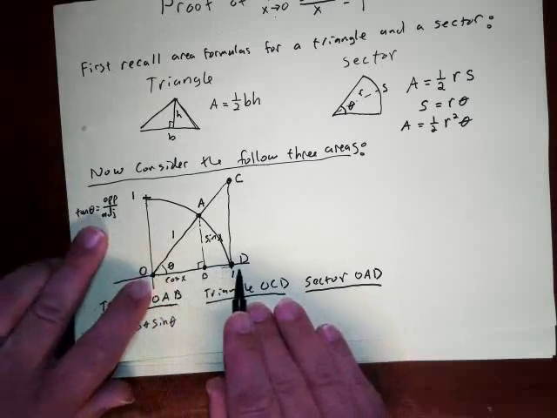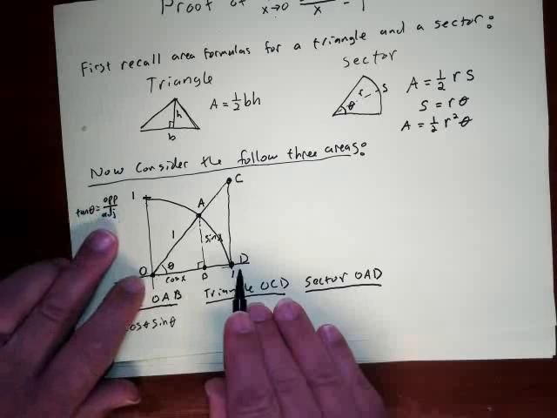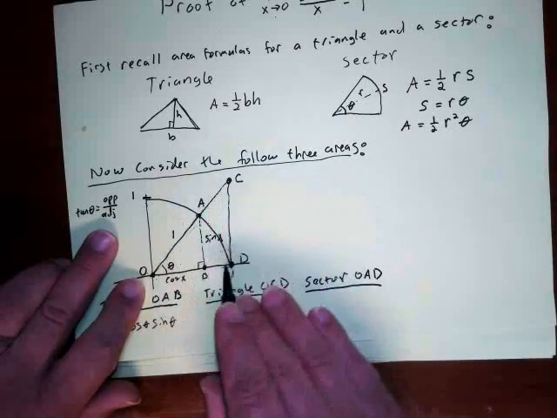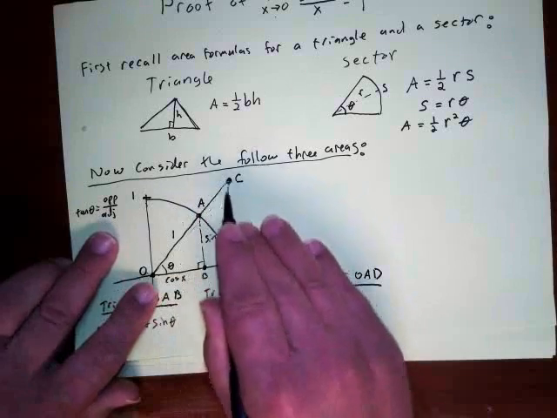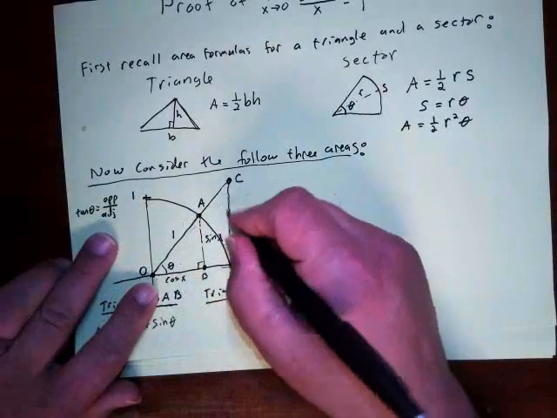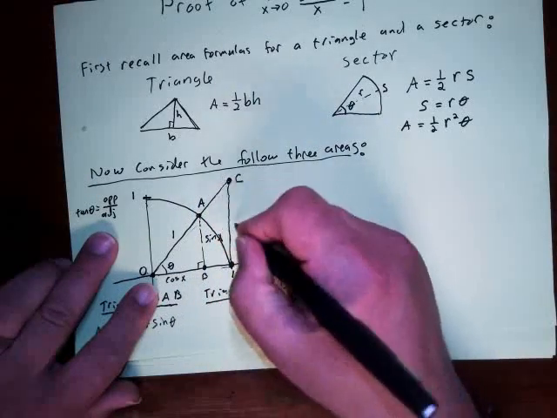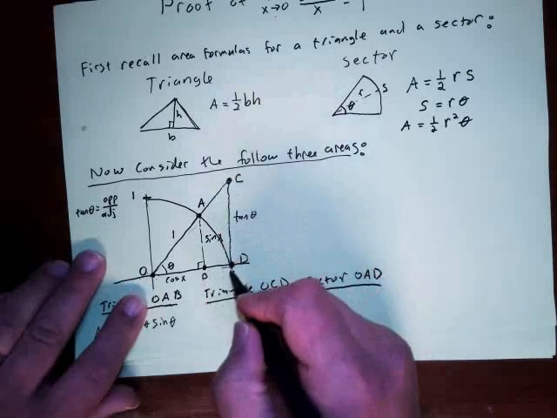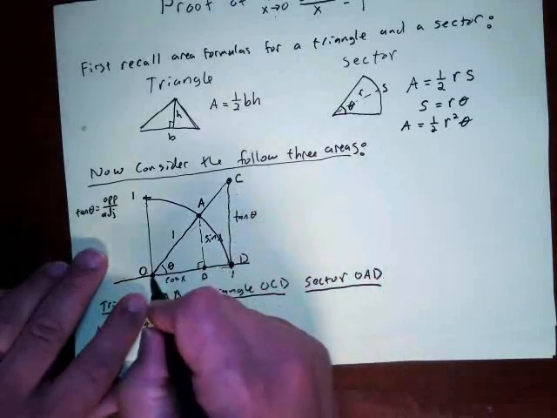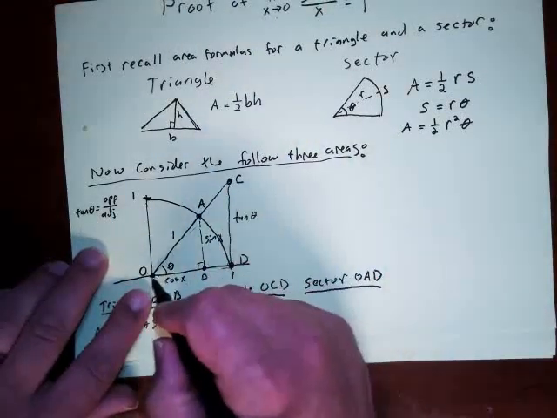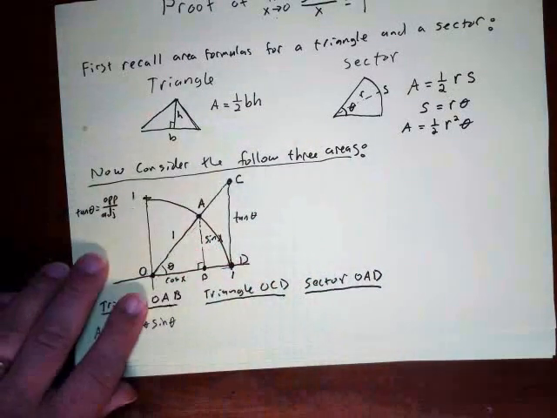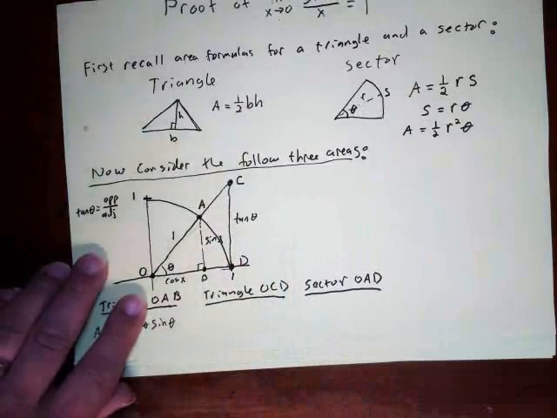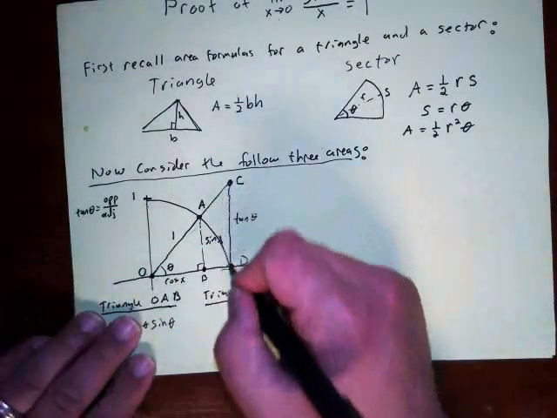And so that would mean tangent of theta is equal to the opposite over 1. So the tangent of theta is actually equal to the opposite side, and that means this opposite side is tangent of theta.